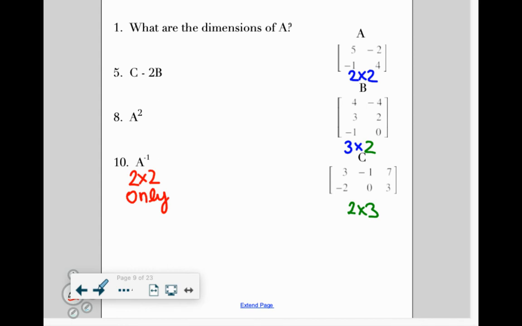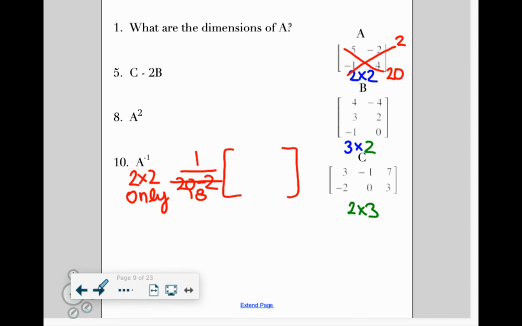So what you're going to do is 1 over, and then you're going to subtract the products of the diagonals. So 5 times 4 is 20. Negative 1 times negative 2 is 2. We're going to do 20 minus 2, or 18.